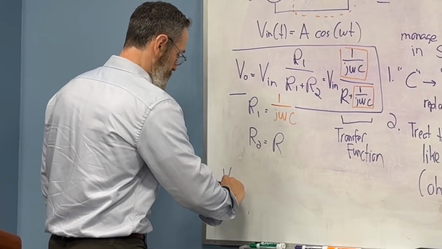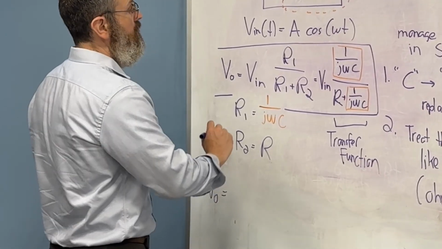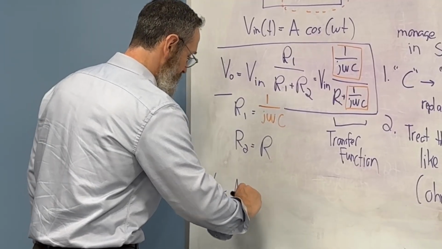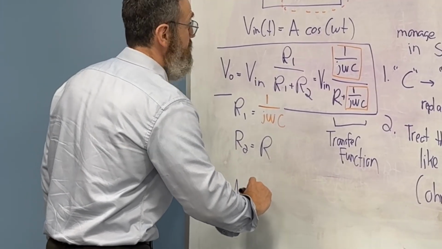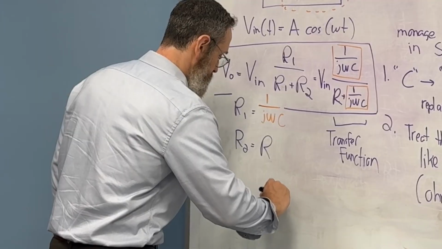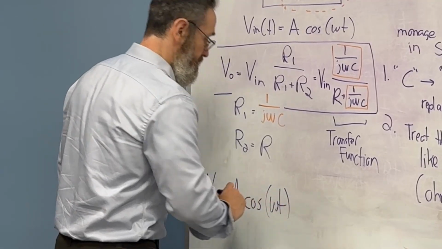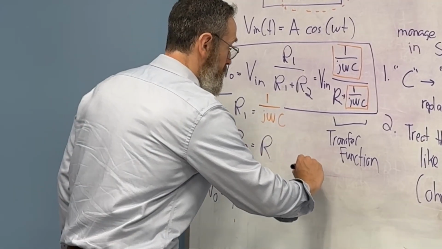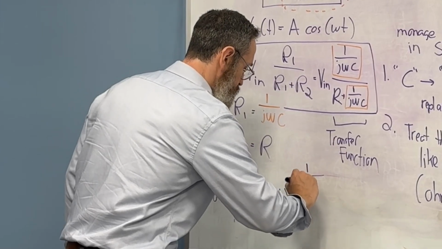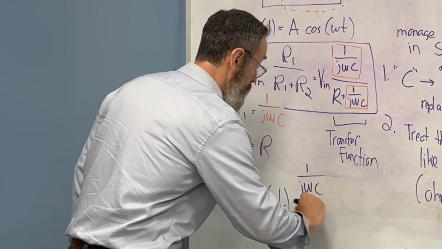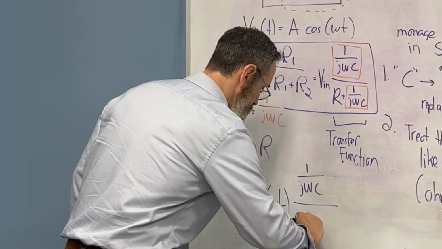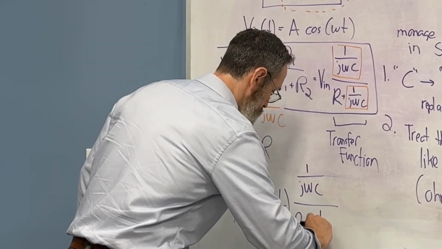V out is going to equal V in, so that's going to be A cosine of WT, and I'm just going to leave it in this form, so we're going to write 1 over JWC over R plus 1 over JWC.